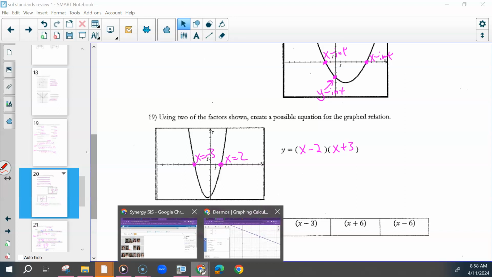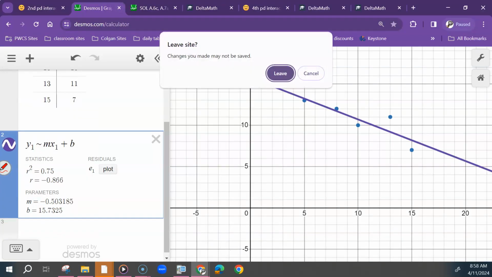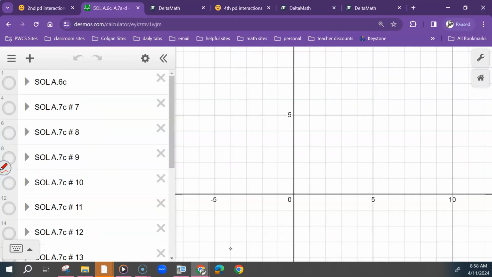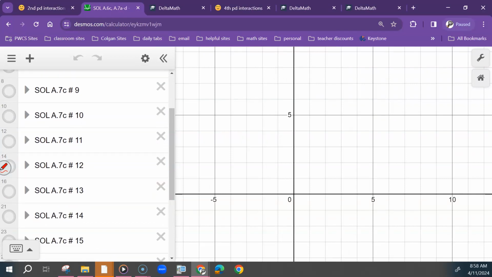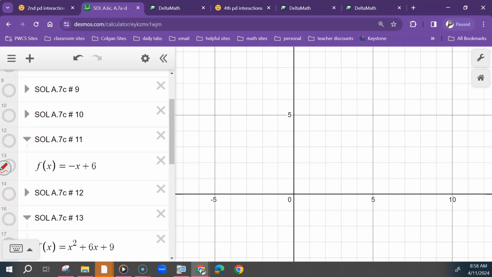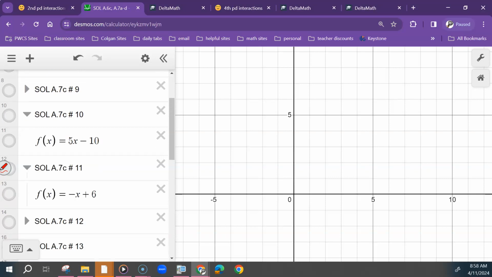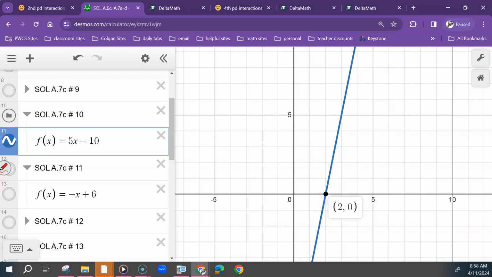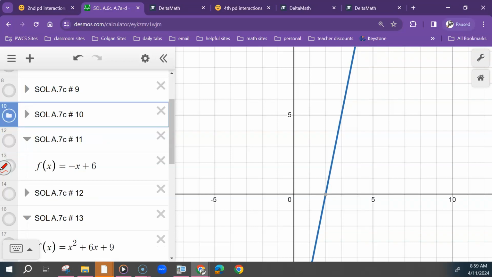Alright, some of these in Desmos really quickly. So all of the ones that asked about zeros, you put that in, find where it crosses. You can find all of those x-intercepts.